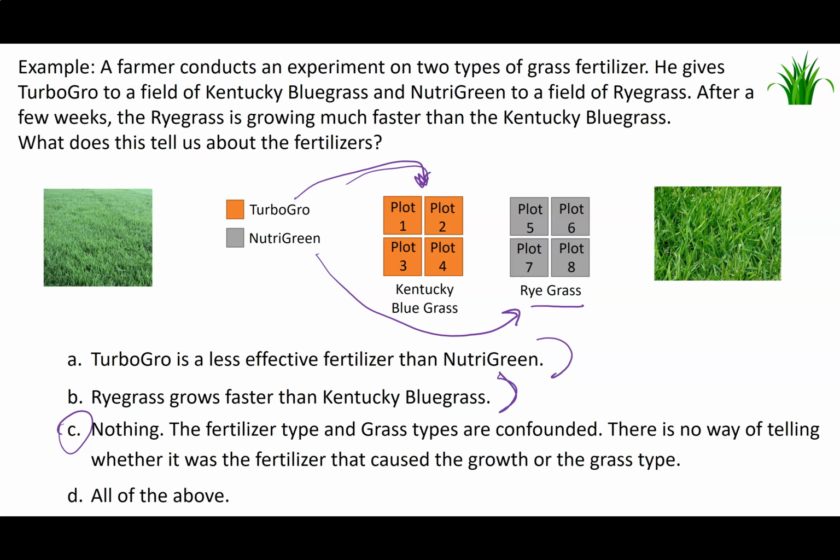The fertilizer type and the grass type are confounded. There's no way to tell if it was the fertilizer that caused the growth or if it was the type of grass, or maybe both. But because of the way we designed it, we can't actually tell what caused the extra growth for the ryegrass.